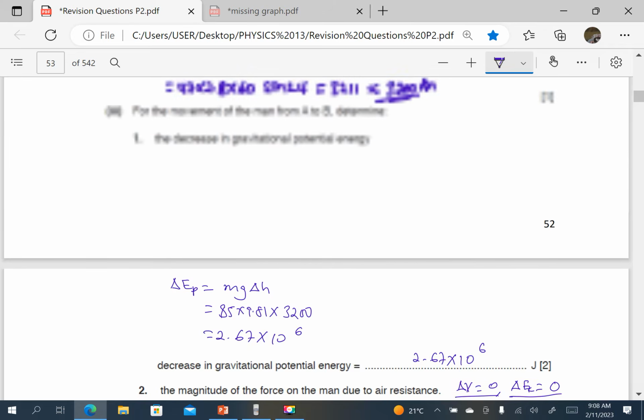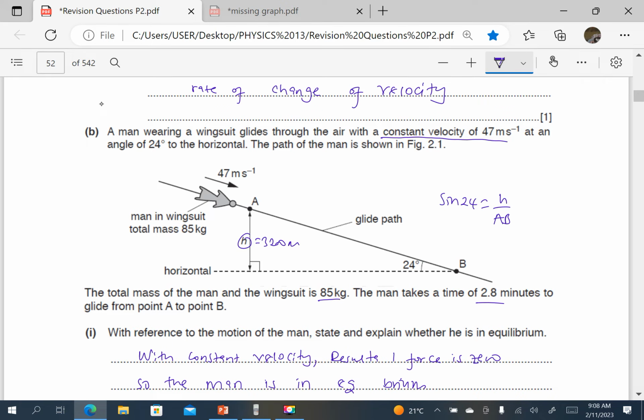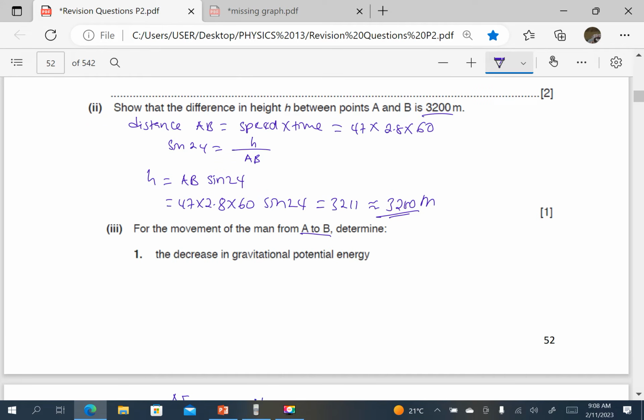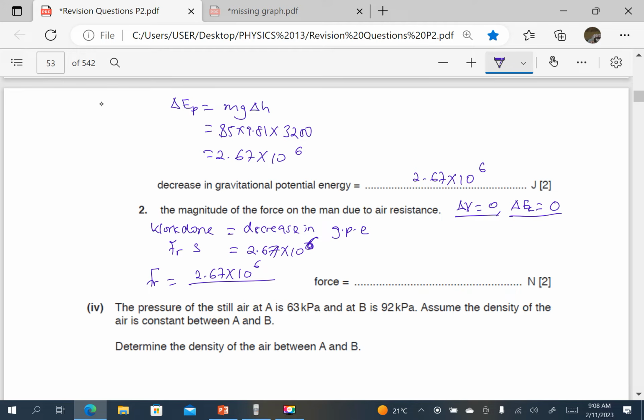Now the distance is along the path, it is not the vertical height. Whenever we are finding the work done against resistance, we consider the distance AB, which is the speed, 47, times time, 2.8 times 60 to change it to seconds.